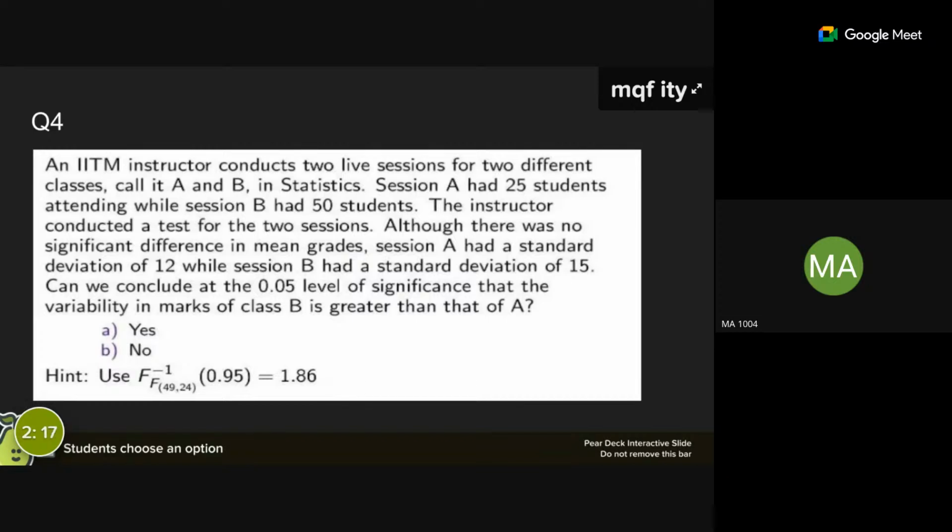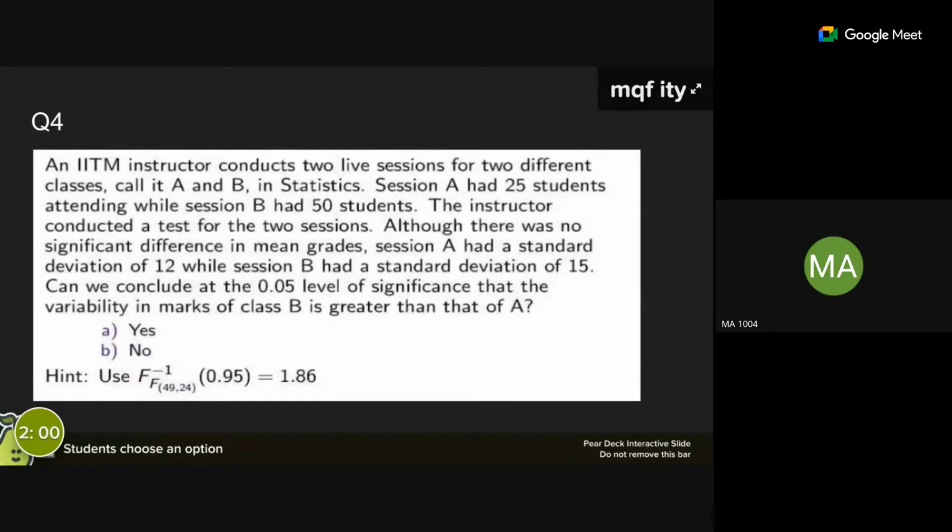But the question is, what will be the null hypothesis, right? No significant difference in mean grades. So, take your time, no problem.